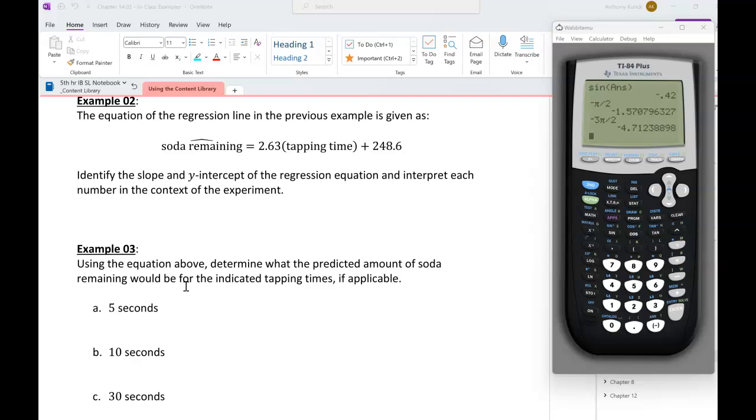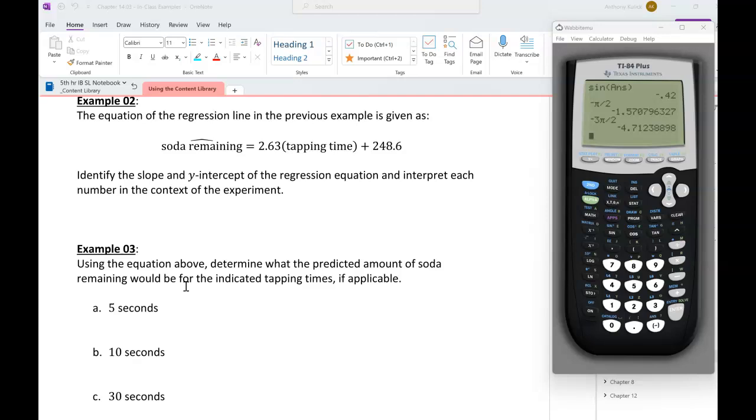Okay, Diego. So the slope is 2.63 milliliters maybe of soda remaining over tapping time. Okay. And what would that mean?